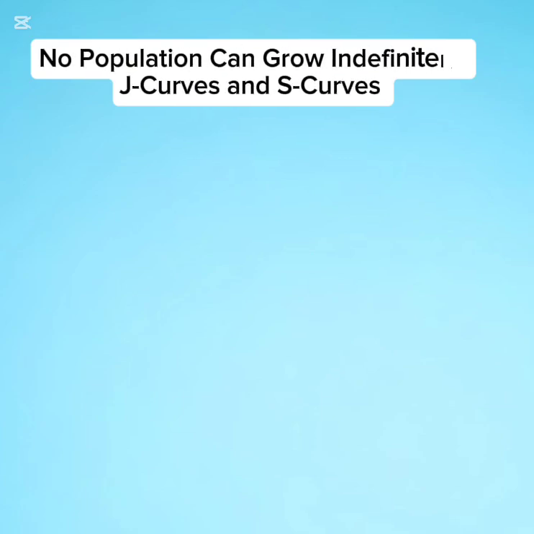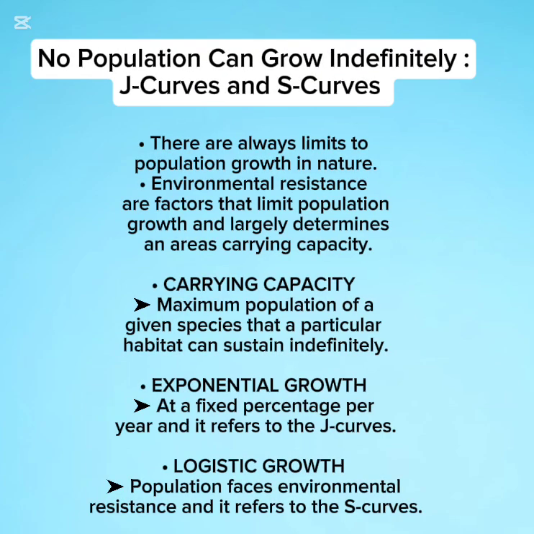No population can grow indefinitely. J curve and S curve. No population can grow indefinitely due to limited resources and environmental carrying capacity. The J curve and S curve models illustrate two different growth patterns that a population can exhibit.